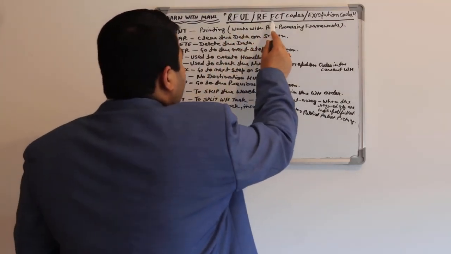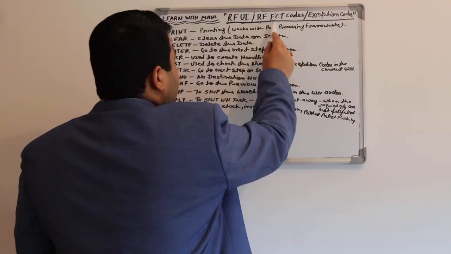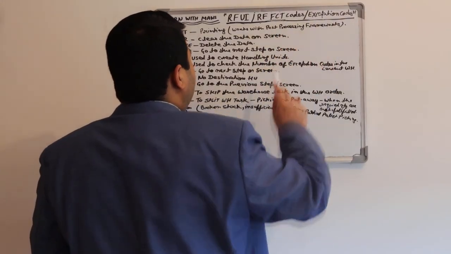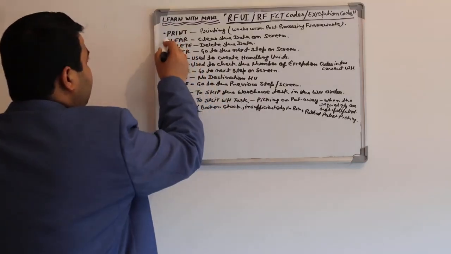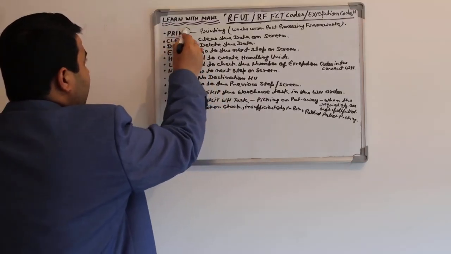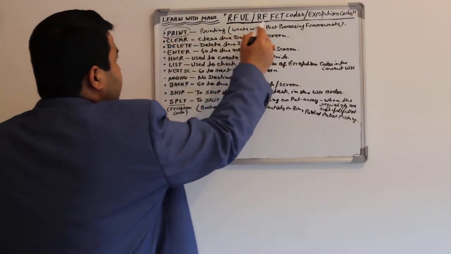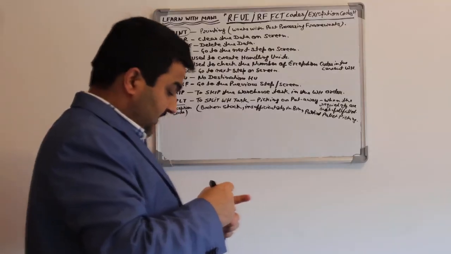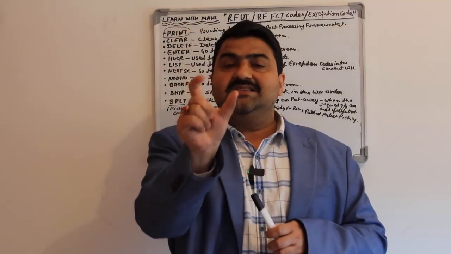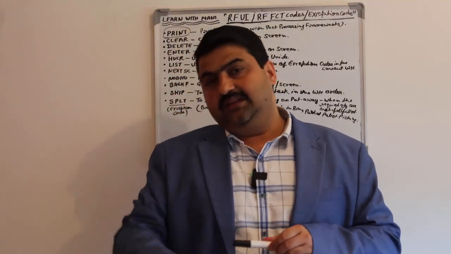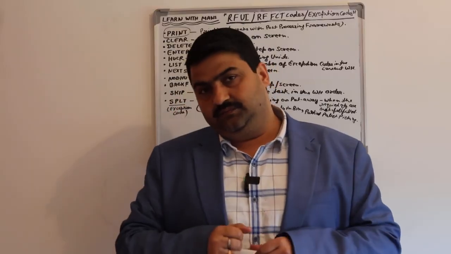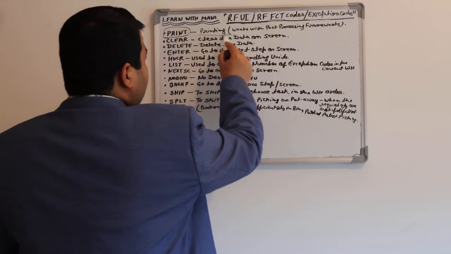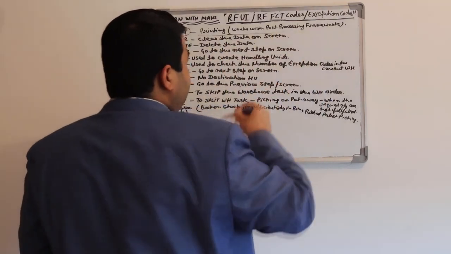RFUI FCT, functional technical codes, and exception codes. We have the first FCT code, PRINT. This is the keyword. It works with the post processing framework.